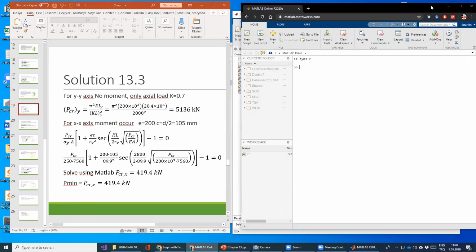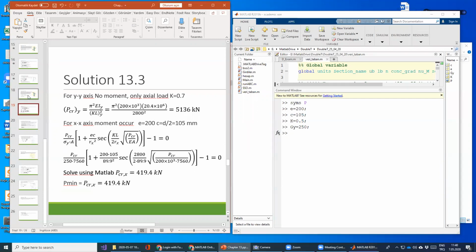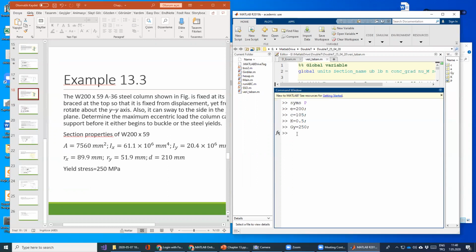So I don't want to use this term. I want to continue. So sigma yield is, I write sigma Y like this, 250. And one more, yes, rx is also needed. Where is the rx? rx is equal to 89.9.